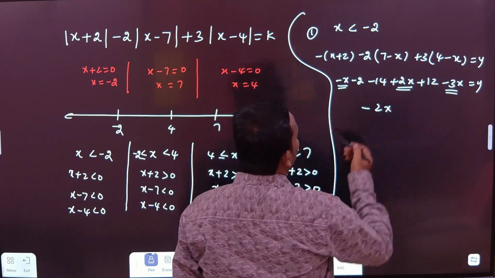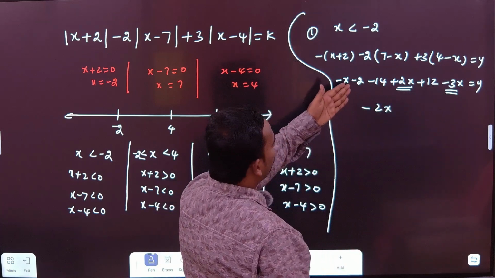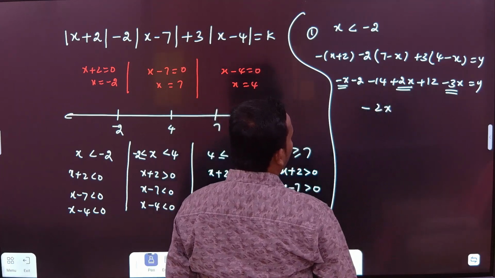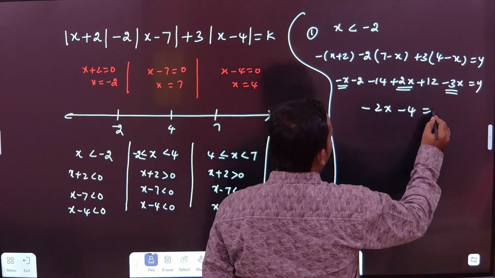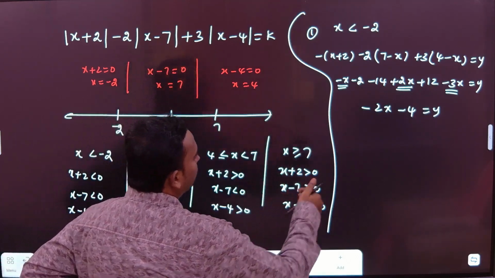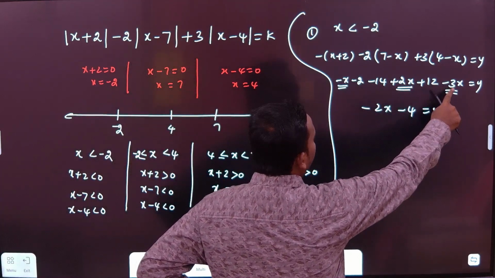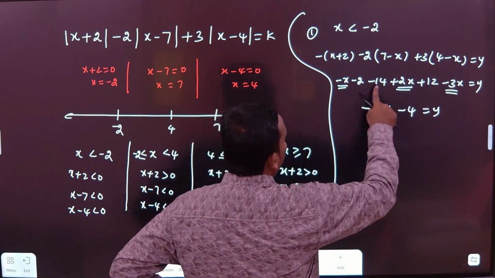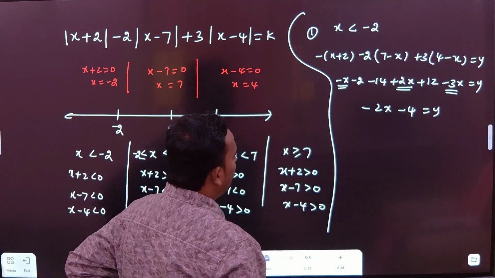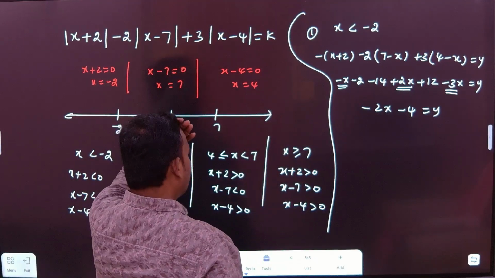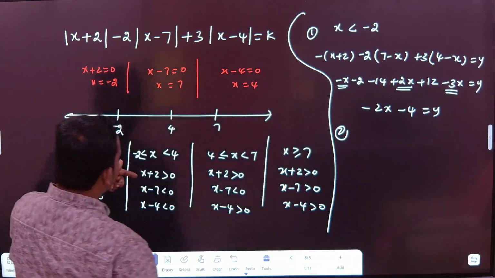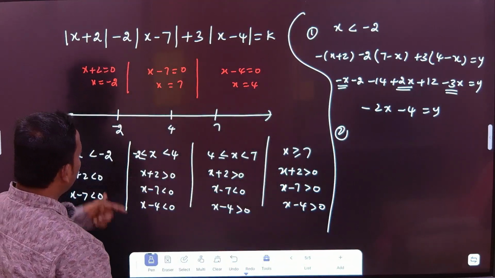So 12 minus 2 is plus 10, minus 14 is -4, right? So y = -2x - 4. Clear? Let me check: -x + 2x - 3x is -2x, and -16 + 12 is -4. Yes, correct.